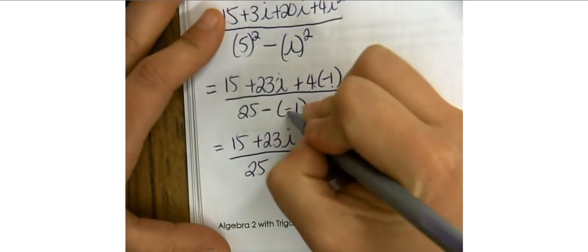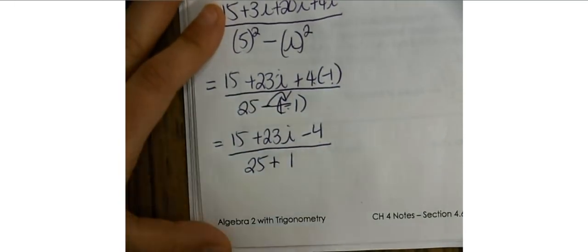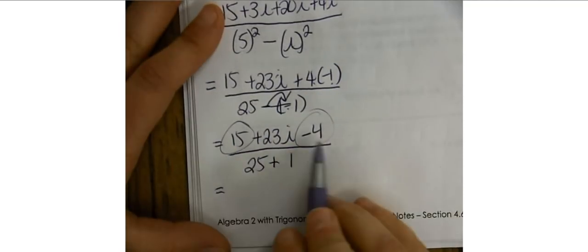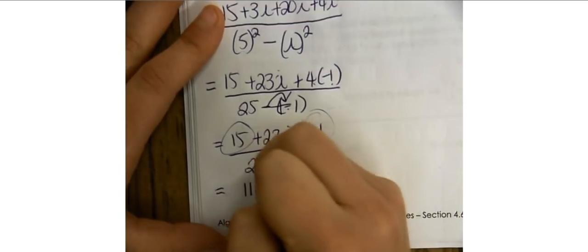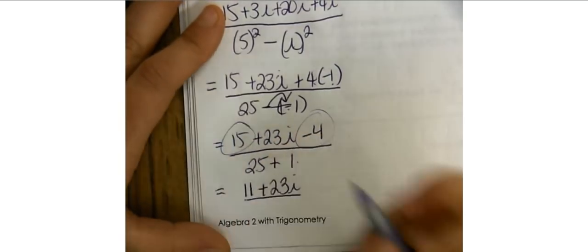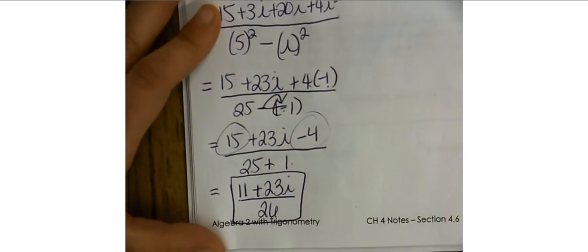This is all over 25. A negative times a negative makes a positive, so that's going to be 25 plus 1. Combining my like terms, we have 15 minus 4, which is 11. So 11 plus 23i is in my numerator, and 25 plus 1 is 26. This is our denominator, and that is our answer.